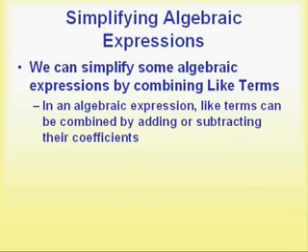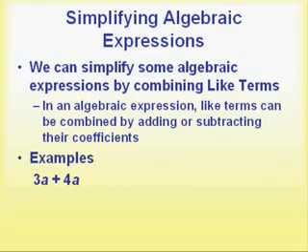In an algebraic expression, like terms can be combined by adding or subtracting their coefficients. For example, 3a plus 4a, we add the coefficients and get 7a. 5x minus 3x, we subtract the coefficients and get 2x.